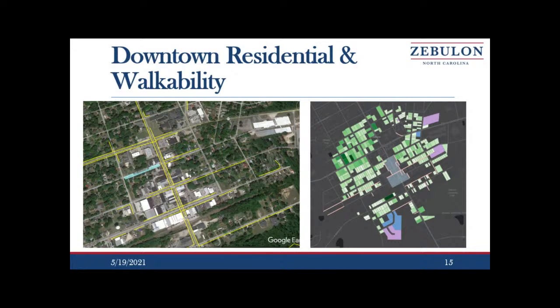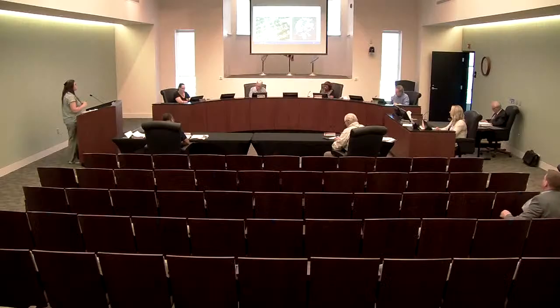What you'll see is the homes that are a lighter shade of green are homes of a lower value, and the ones of the darker shade are increasing. You also will see in the shades of blue and purple within this walking distance, which is 0.3 miles of our downtown, those are subsidized housing and housing authority properties.